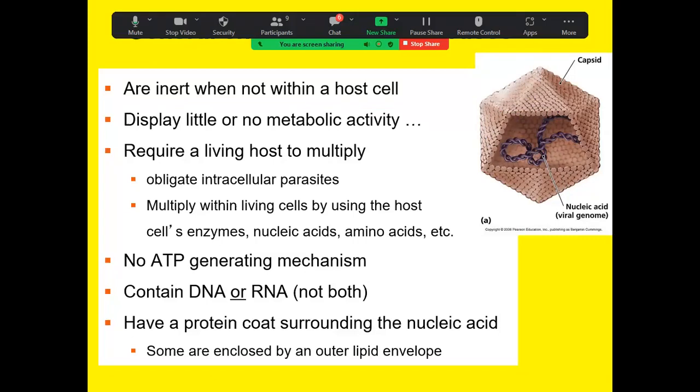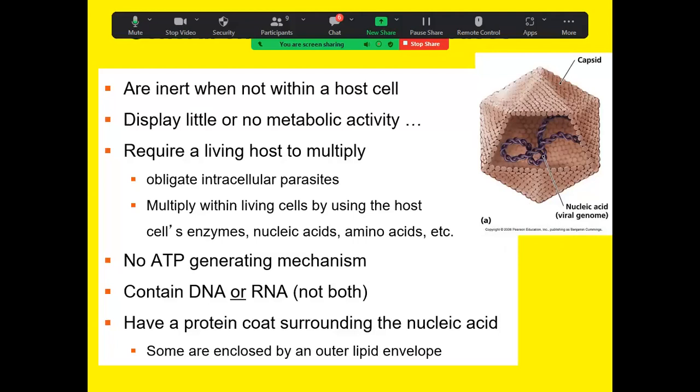Some viruses, besides having a protein coat surrounding their genome, also have a lipid envelope which surrounds the protein coat. So if this virus were to have a lipid envelope, it would be in this region here, surrounding the protein coat. Not all viruses have a lipid envelope.